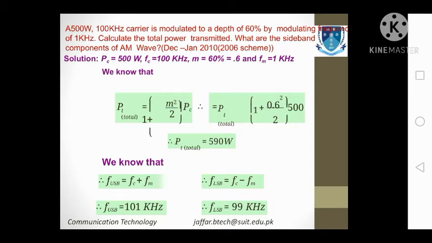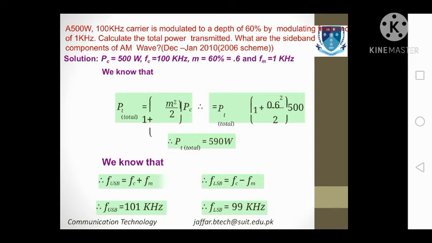Let's say there is a 500 watt carrier operating at 100 kilohertz frequency, and this is modulated at the depth of 60%, or you can say the modulation index, mu or m, is 0.6, by the modulating frequency of 1 kilohertz. We have to calculate the total power and the sideband components of that AM wave.